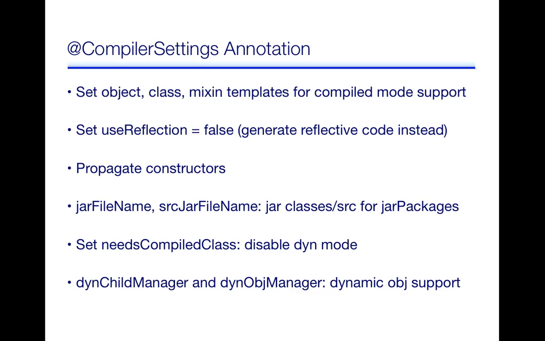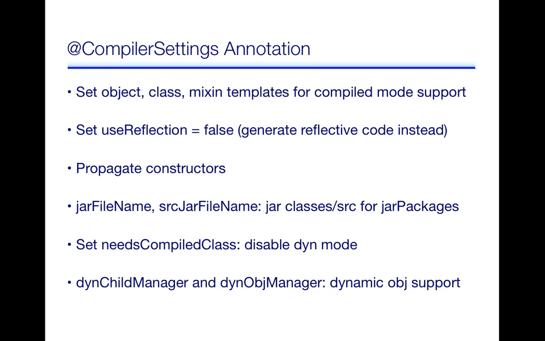You can also mark a constructor as being propagated automatically. So if a new type does not define that constructor, the superclass's constructor is invoked automatically instead. This makes it easier to do declarative applications even when there's no zero argument constructor.